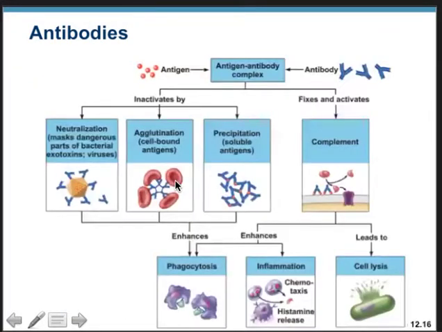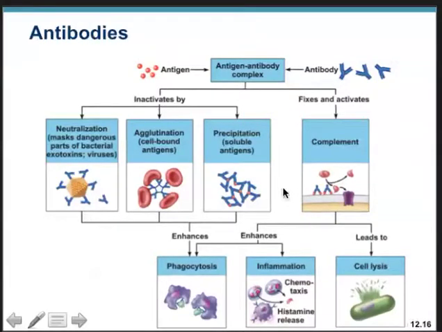Now, what you're looking at here is how it is that antibodies help us fight disease. They combat antigens in a number of ways. Complement fixation, where they initiate the complement cascade that eventually leads to cell lysis. Neutralization, where they essentially cover up a toxin so that it's not effective as a poison. And then agglutination, which we've discussed.